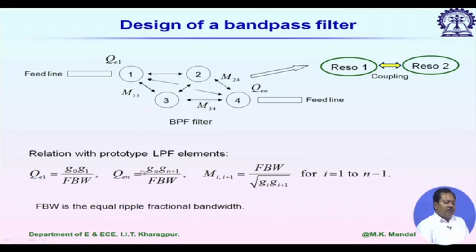QEN, the external quality factor for the second port, is Gn into Gn plus 1 divided by FBW, and the coupling between the I and I plus 1 resonator is a function of fractional bandwidth and the G parameters: FBW divided by square root of Gi multiplied by Gi plus 1, where I varies from 1 to n minus 1. So you see, if we need higher fractional bandwidth, or a wideband design, we have to obtain higher coupling.